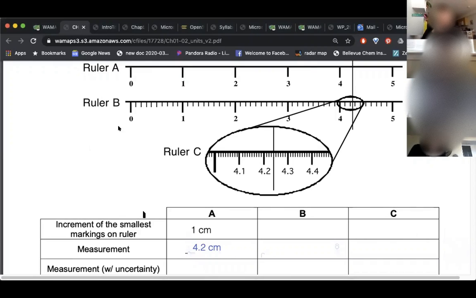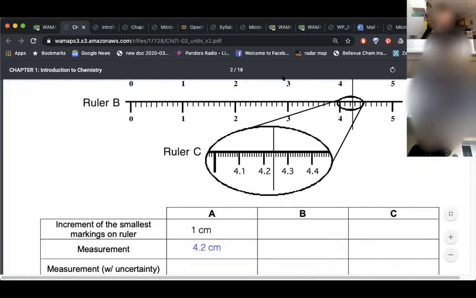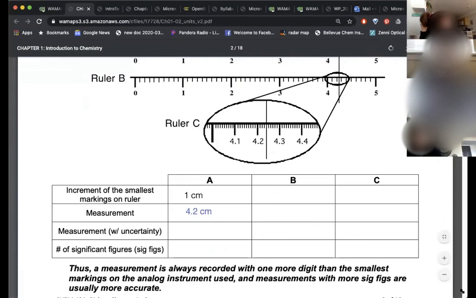All right. Maybe I can make this bigger. There we go.